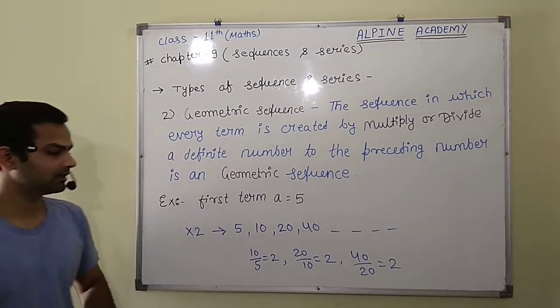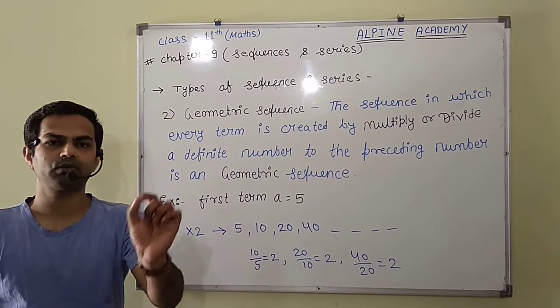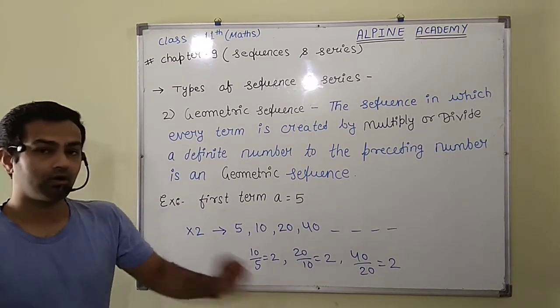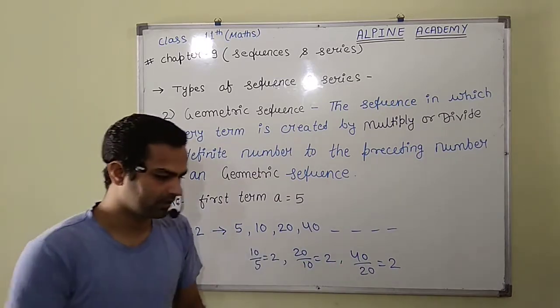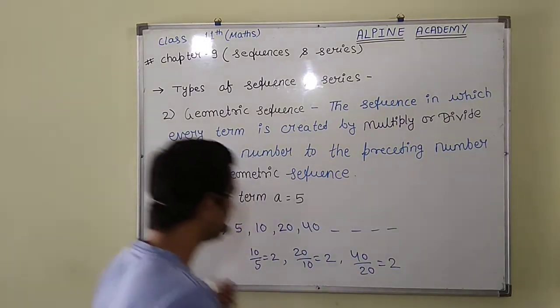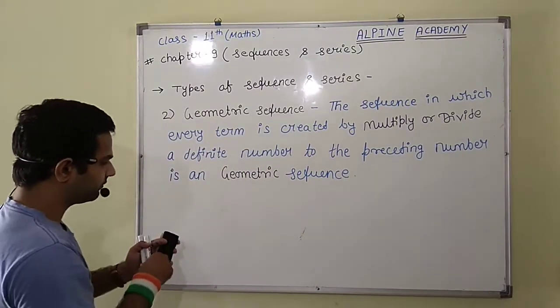So in this case the ratio is common. Okay, so in the case of arithmetic progression, the difference is constant or common, and in the case of geometric progression, the ratio is common.